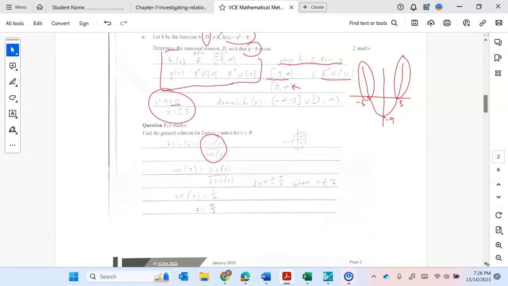So just understanding the relationship tan theta equals sine theta over cos theta, which is what we're using here. So what have we got?